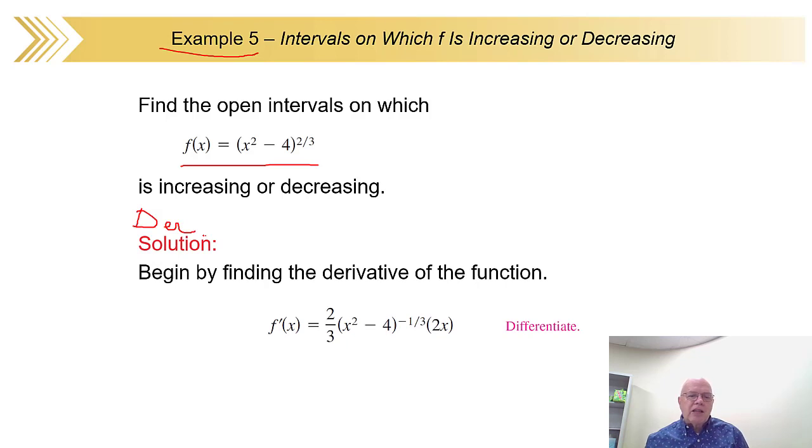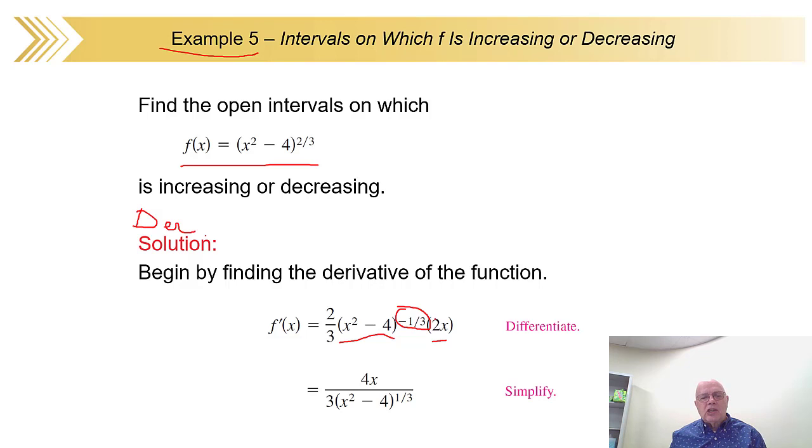So we'll differentiate that. Notice that 2/3 coming out front. Leave this alone. Reduce that original exponent by 1. And then the derivative of the inside, because we've got the chain rule, folks. Not only the power rule going on here, but also the chain rule. Never forget the chain rule.